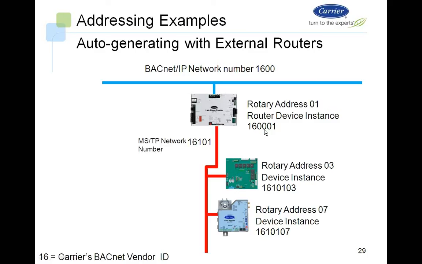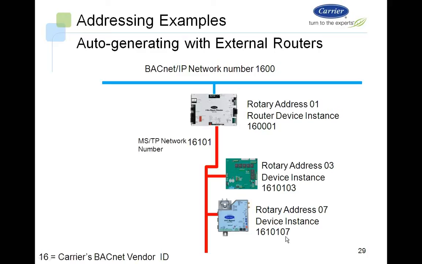The rotary switch also sets the MSTP network, which was 161 plus the rotary switch, so that's 16101. And then the devices generate their device instance from their network number plus the rotary switch setting, which in this case the network number is 16101. The rotary switch for this controller is 03, so it's 1610103. And for this device 1610107, since it has a MAC address or rotary switch setting of 7.